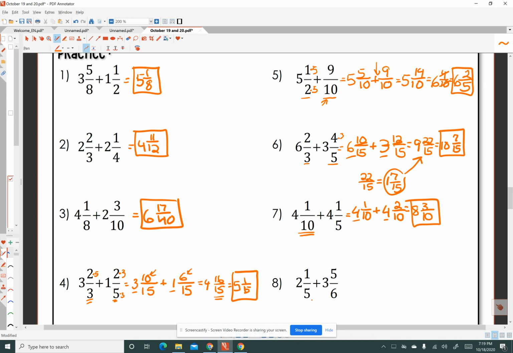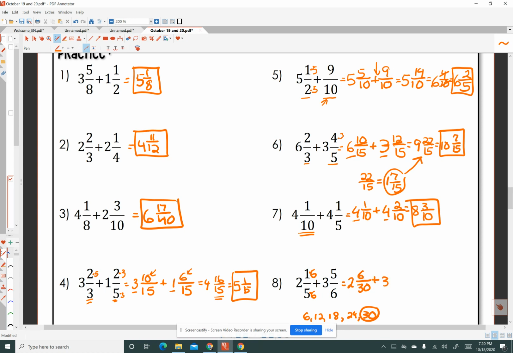What will our common denominator be here? If we have a 5 and a 6 as denominators, let's think of multiples of 6. 6, 12, 18, 24, 30. Well, that is also a multiple of 5. So 30 will be our new denominator. Now, what's the numerator? 5 times 6 is 30. 1 times 6 is 6.